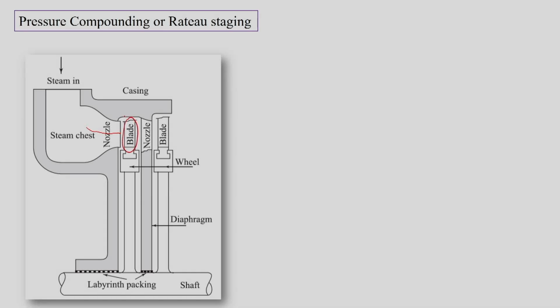That kinetic energy will be extracted by the blades, and then we will have a remaining enthalpy drop and corresponding rise in kinetic energy in the next nozzle, and the corresponding blade will extract that kinetic energy into work done. So, we have multiple nozzle and blade combinations, or multiple stages, in case of pressure or Rateau staging.